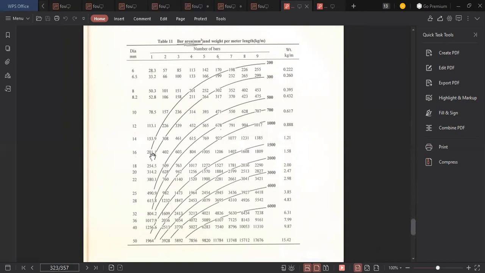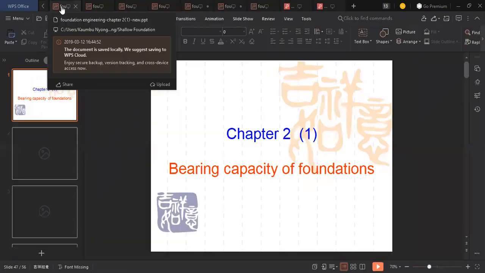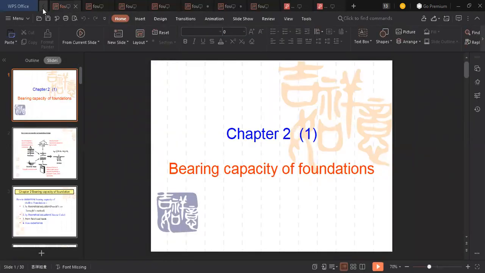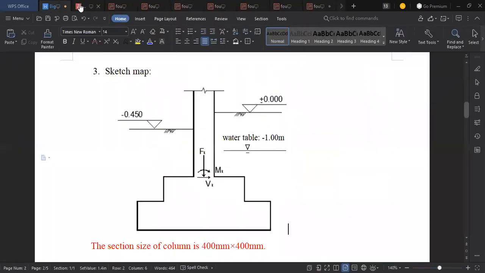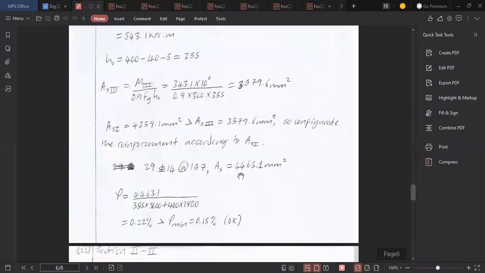Let me just check if that's correct. 29 times 201.1. It's not giving me the exact same value though. Oh no, hers is 14.